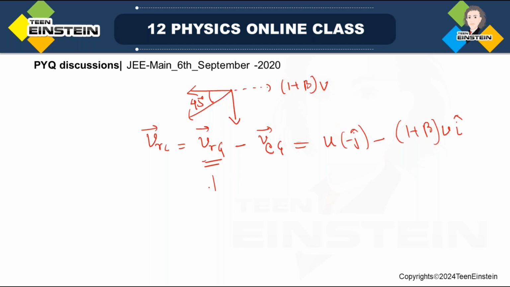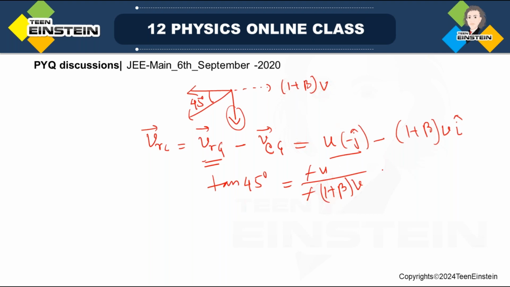Now tan of 45° is equal to the vertical component, so minus u divided by minus of 1 plus beta into v.